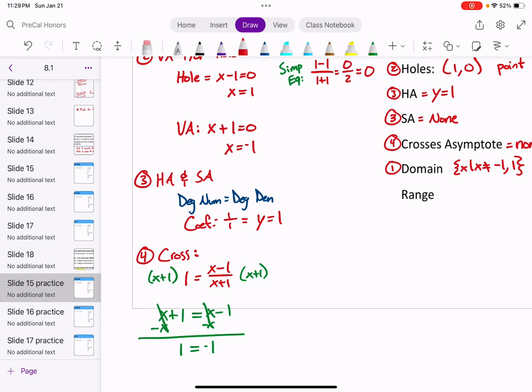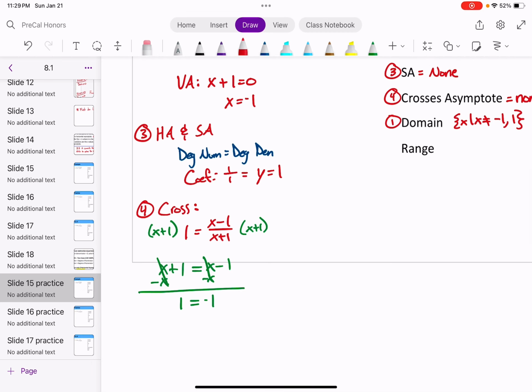Our next step here is going to be our y-intercept. So our y-intercept is going to happen whenever x is equal to 0. So we're going to plug this into our simplified equation. Remember, it was right here, or much higher up within the page.